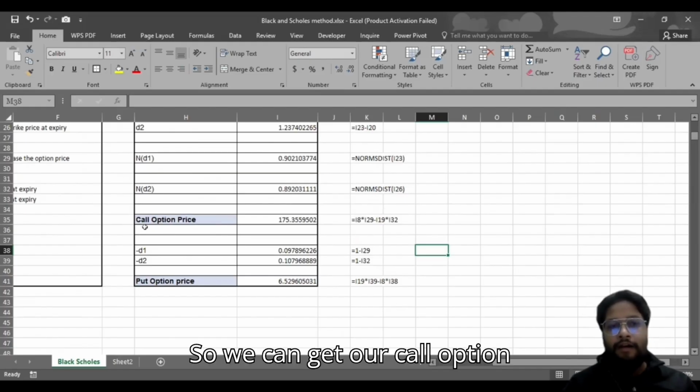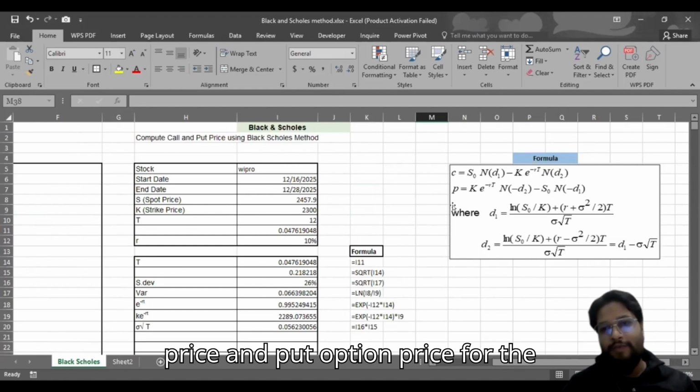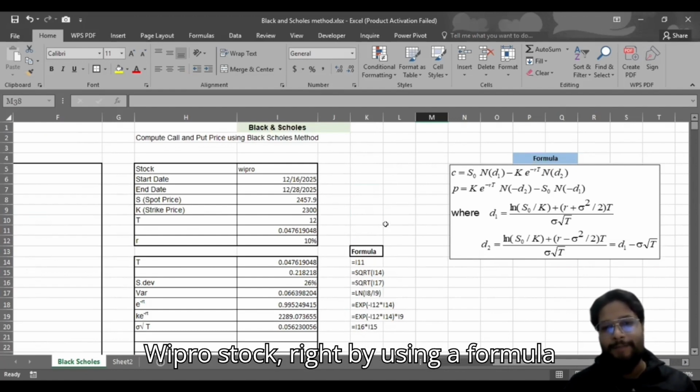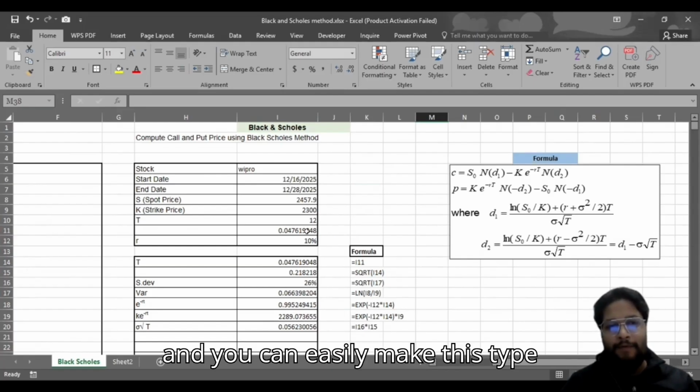So we can get the call option price and put option price for the Wipro stock by using the formula in the Black-Scholes model, and you can easily make this type of template.